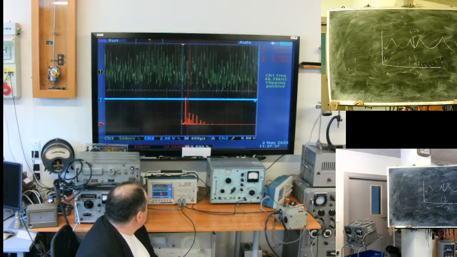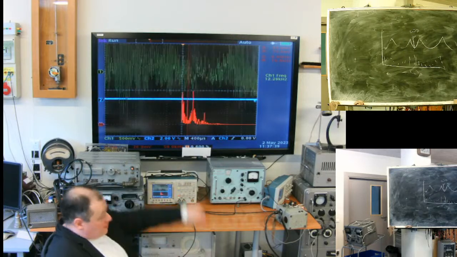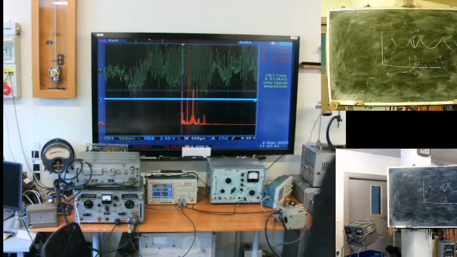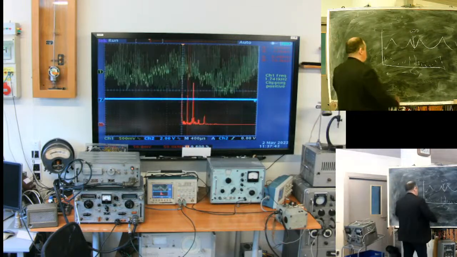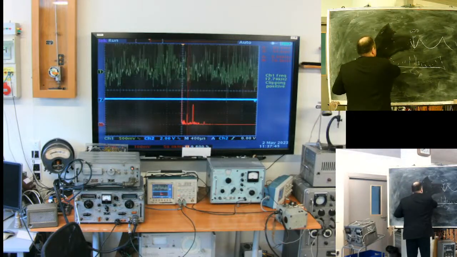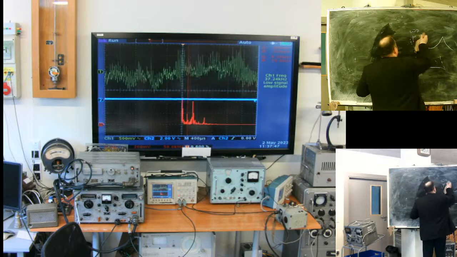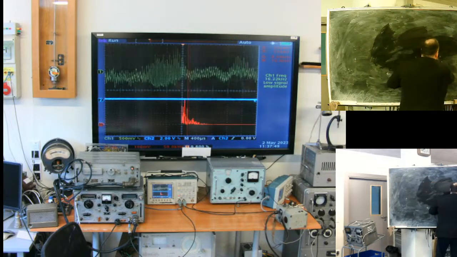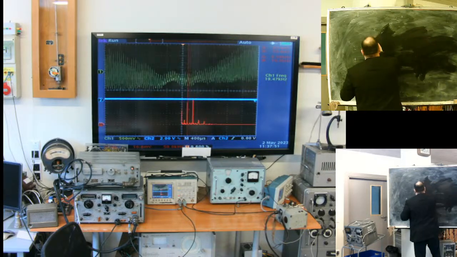I would like to draw a spectrum of what we see. We are not studying communication, but it's just for the idea.